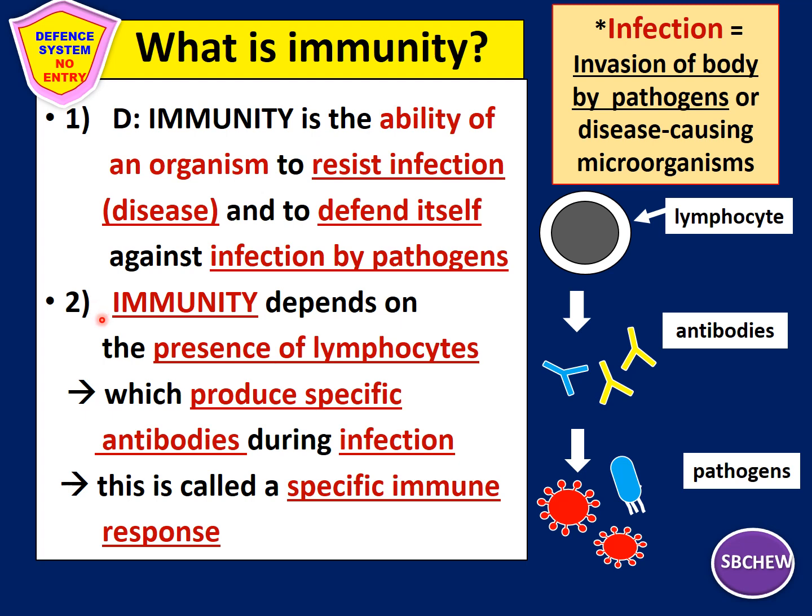So immunity depends on the presence of lymphocytes, the special white blood cells, which produce specific antibodies during infection. And this is called a specific immune response to infection. So a person with a strong immune system is one who is able to resist the infection and not fall sick. But he can overcome the infection and destroy the pathogens that have entered his body.